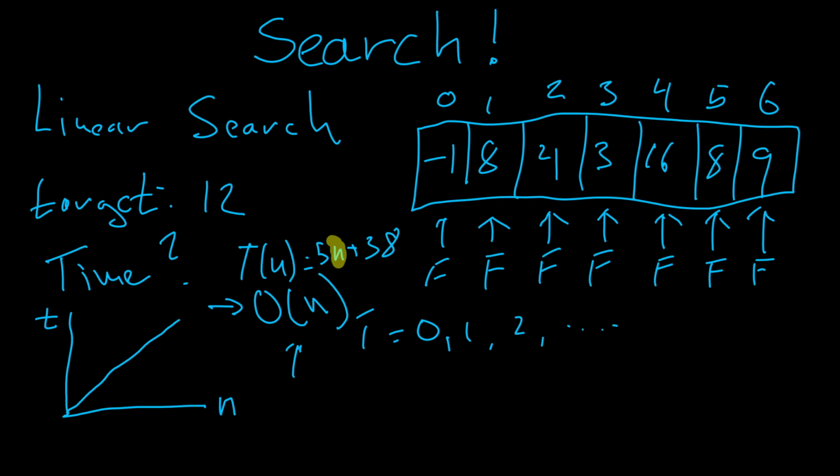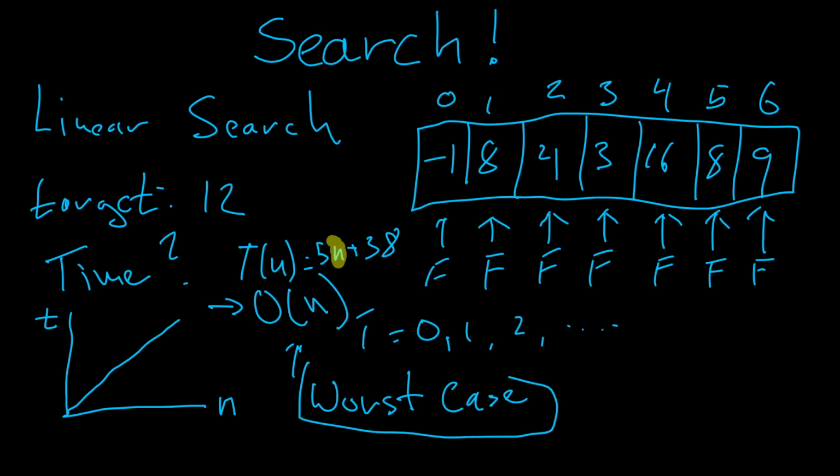So that's why we typically look at the worst case. Sometimes we consider average or best case, but we're typically considering the worst case. So this is big O of n. That's why it's linear time.